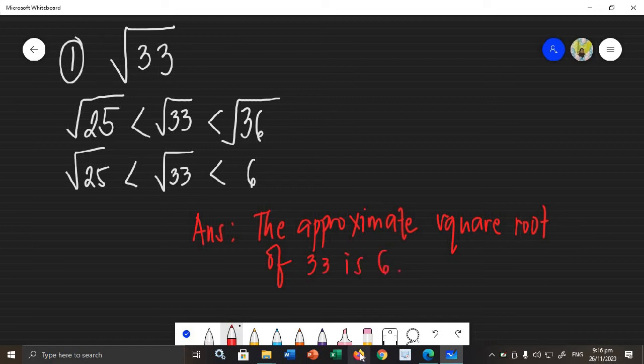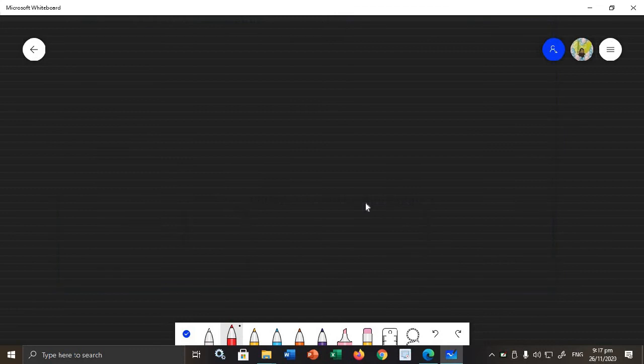So, in short, magbe-base lang tayo dun sa perfect square na malapit yung given natin. And therefore, kukunin natin yung square root ng perfect square na yon. And that will be your final answer. So, in this case, si 33 kasi mas malapit siya kay 36. And then, we get the square root of 36, which is 6. Therefore, that is the approximate square root of 33, 6. Okay?